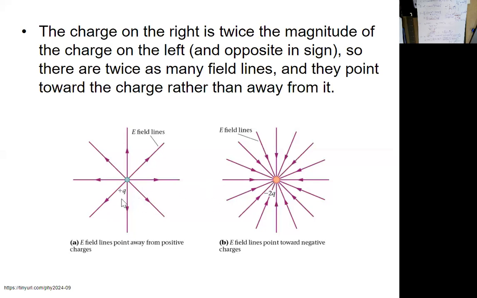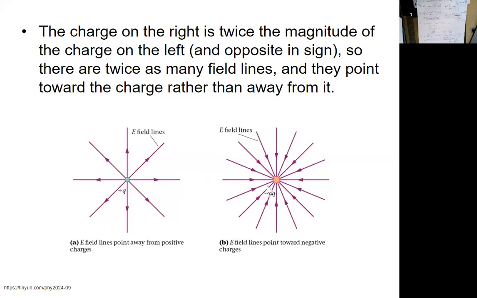On these two figures, you can see this is positive Q, this is minus 2Q. So if you represent them in the same figure, you should also count the strength of the field. Because this is a 2Q, you'll produce a stronger field at the same location away from the source, right? So you can see there are more lines here, indicating the electric field around this is stronger than the electric field around this charge, okay?